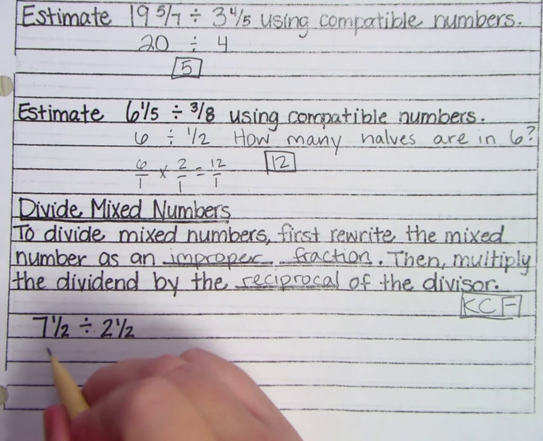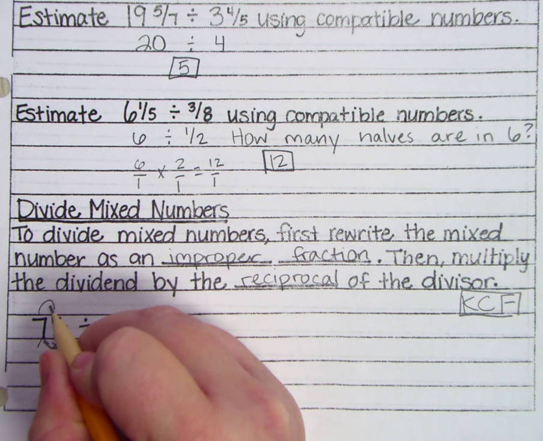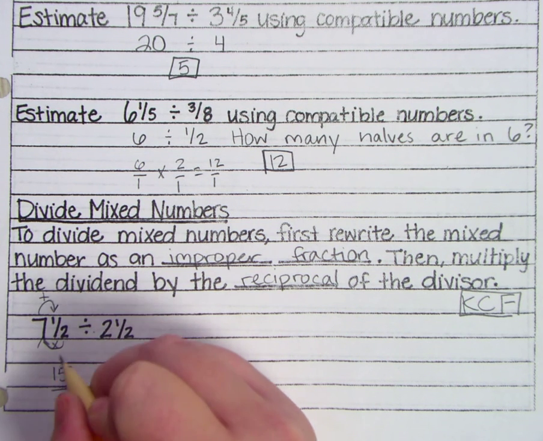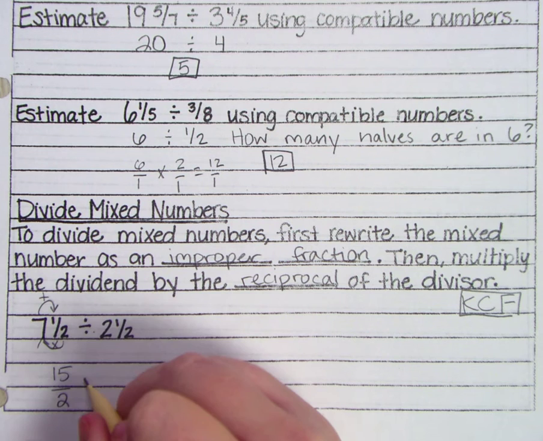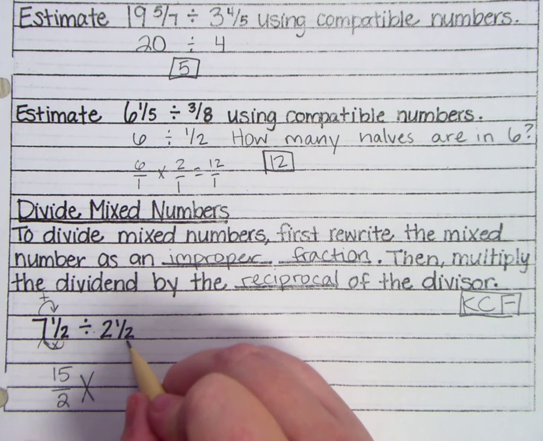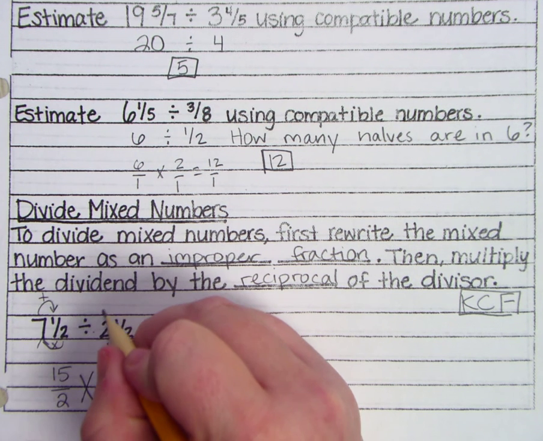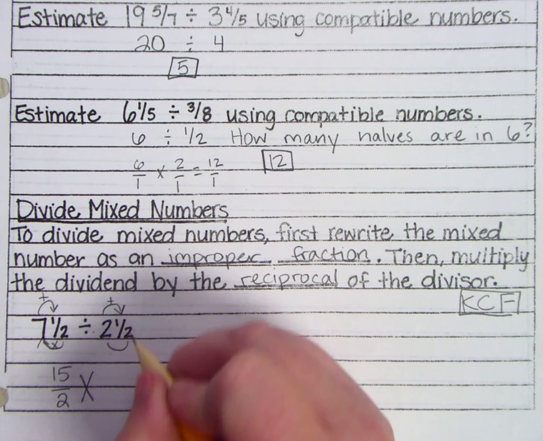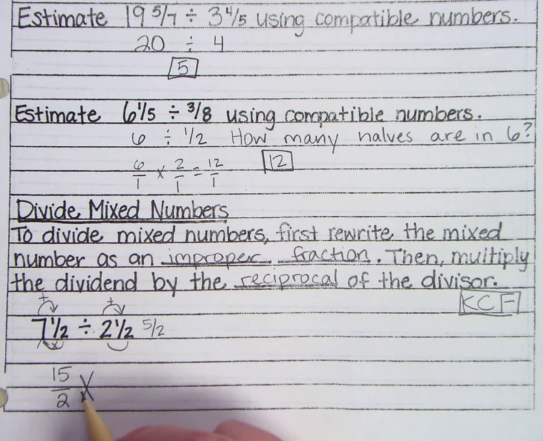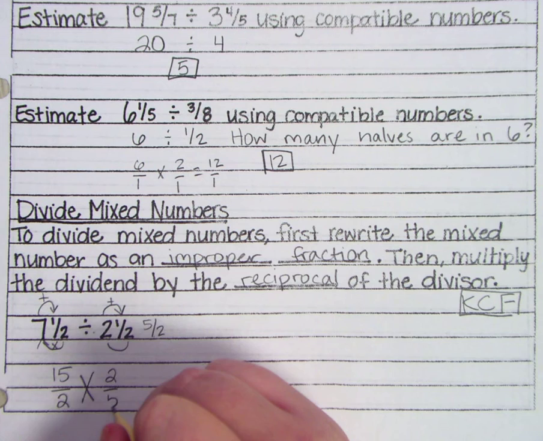First we want to change this to improper. 2 times 7 is 14, plus 1 is 15, so that will give me 15 over 2. Remember, your denominator stays the same. Change our sign. Then we want to go ahead and change this one. 2 times 2 is 4, plus 1 is 5 over 2. But we are keep, change, flip, so we've got to flip that 5 over 2 to 2 over 5.